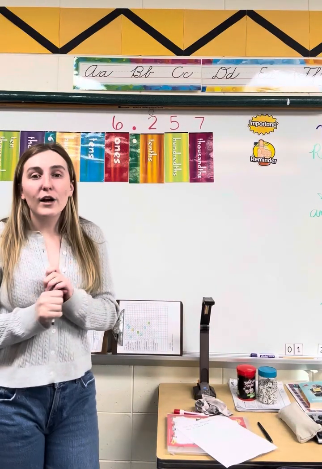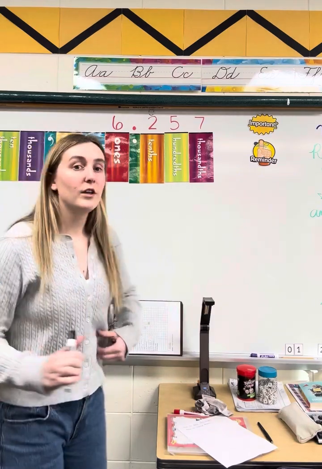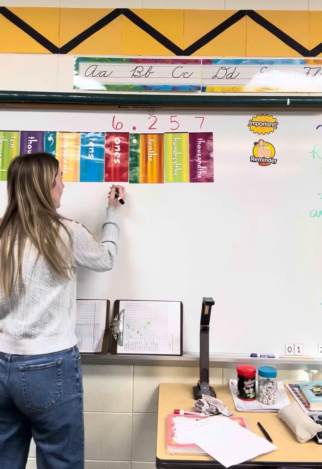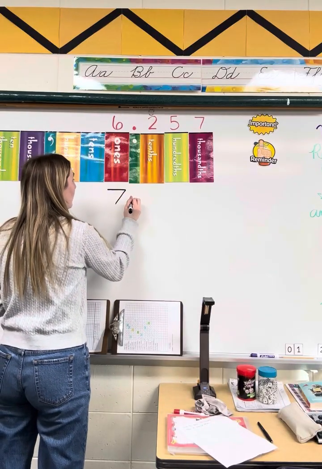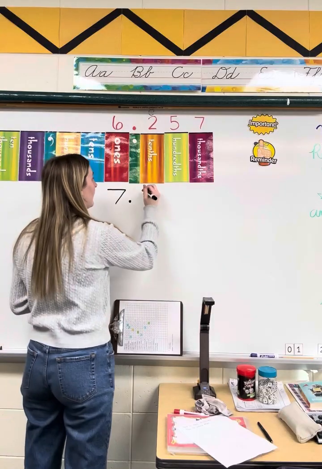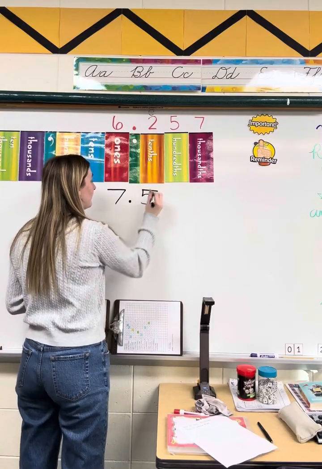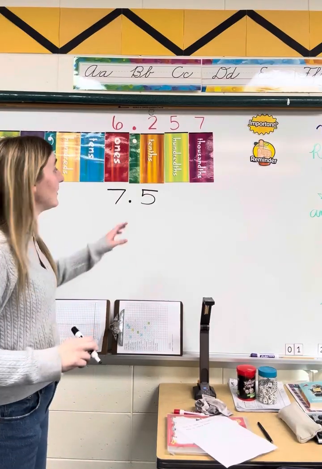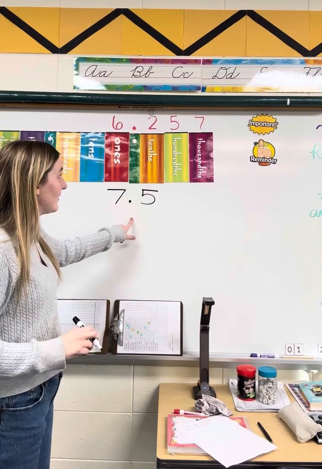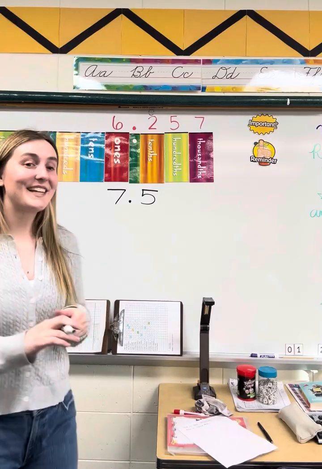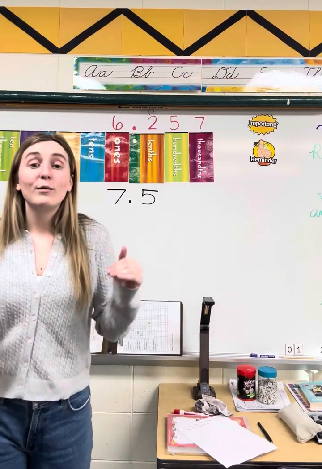So let's work on how to say these properly. I'm going to have 3 examples, and hopefully this will help. I'm going to put the 7 in the ones category, add the decimal point, and let's add a 5. If I were to say this number, I would say 7 and 5 tenths. The whole point is that the decimal point is when we say "and."